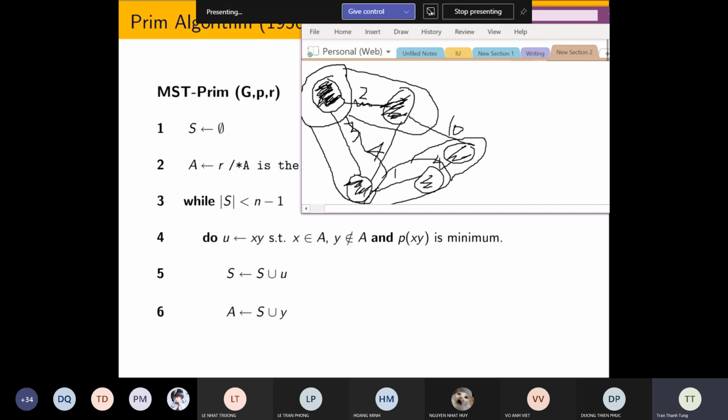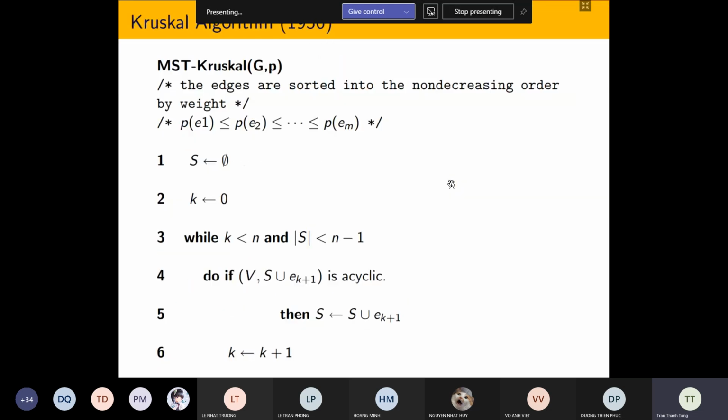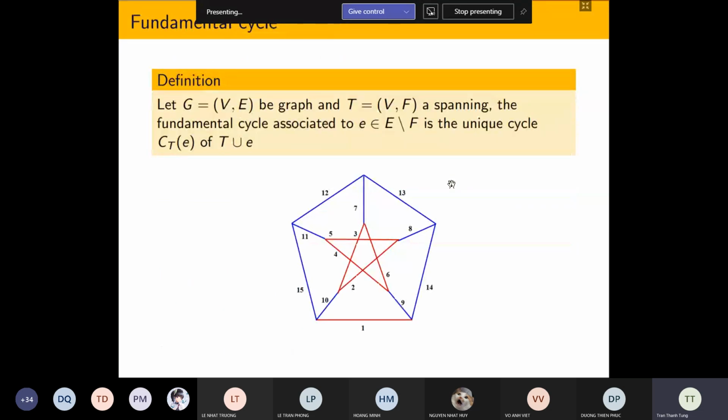Okay, everyone, is it clear for you? So now what I want you to do is try to do it with this one. Assume that we have this edge.